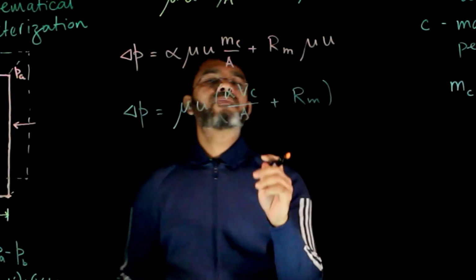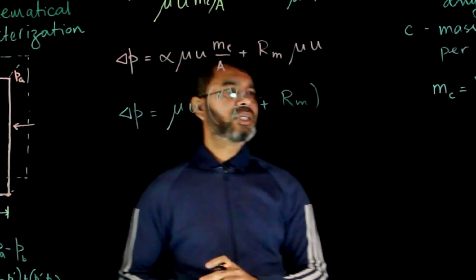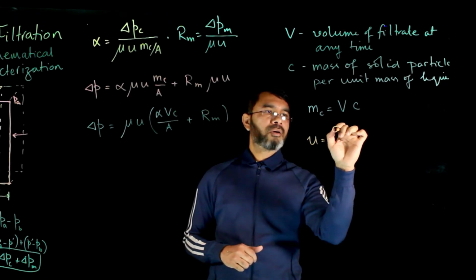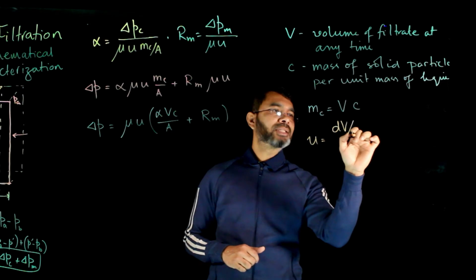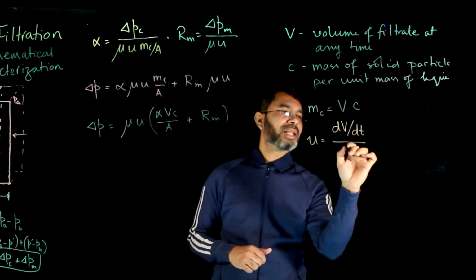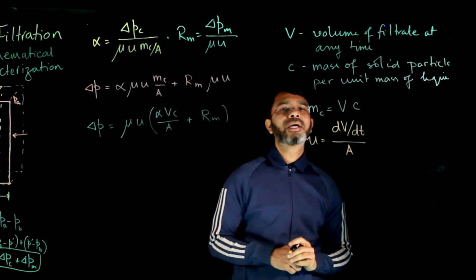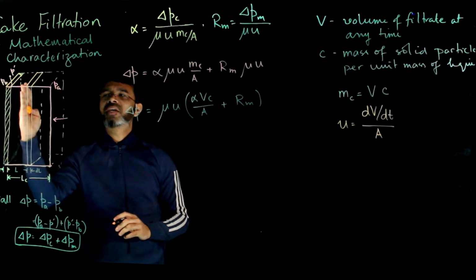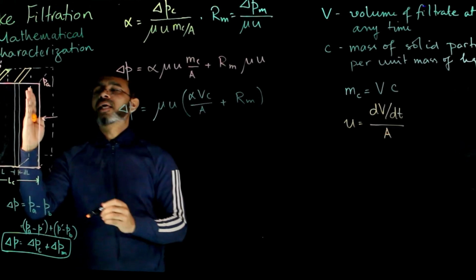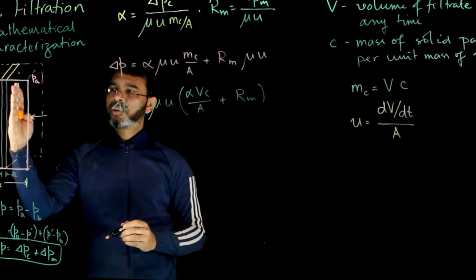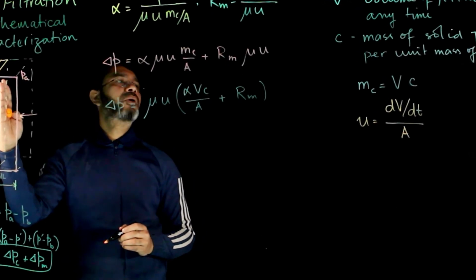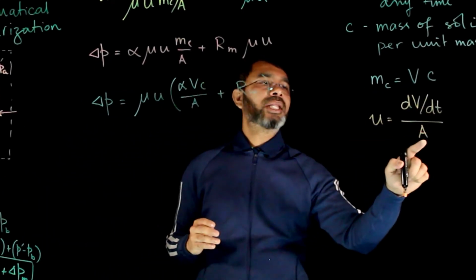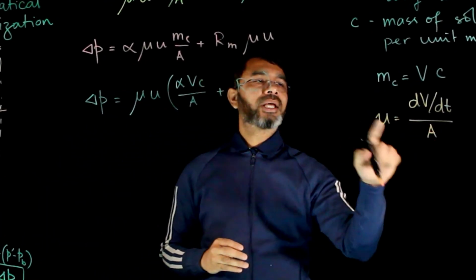The linear velocity of the fluid can be obtained in terms of the volume of filtrate as u equals the volumetric flow rate over the area. You see here the face area of the filter medium is A, flow is in this direction, and the area perpendicular to the flow is A. So when you divide the volumetric flow rate, which is dV over dt, by the area perpendicular to the flow, you get the velocity.